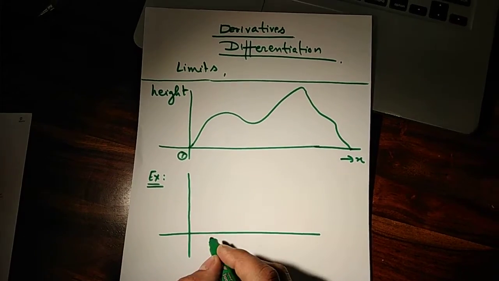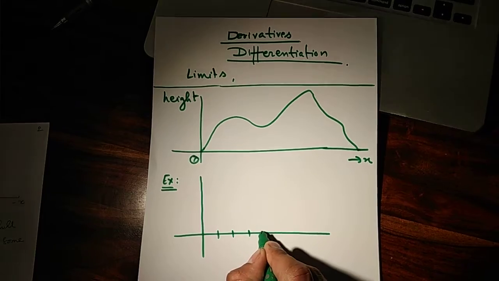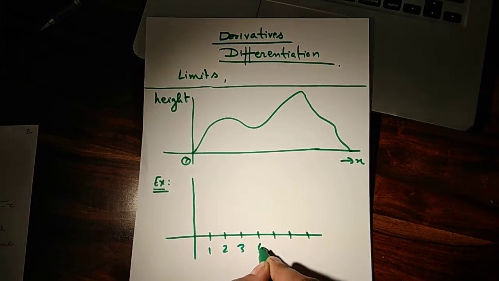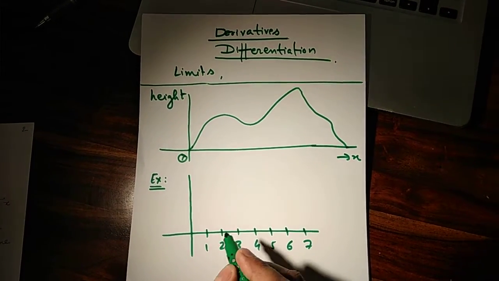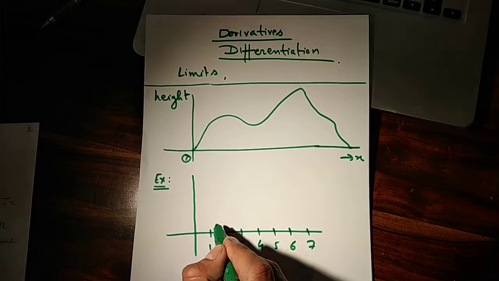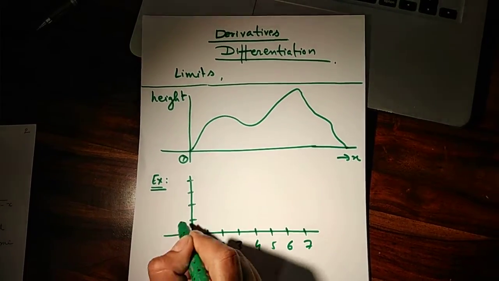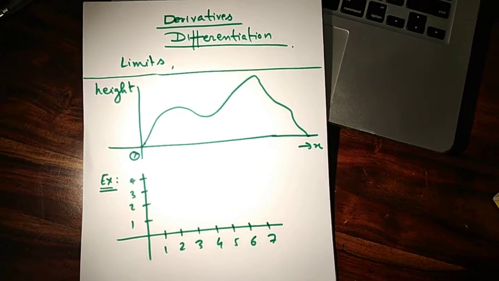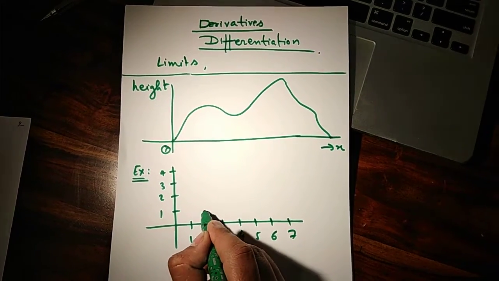Here it goes. I have 1, 2, 3, 4, 5, 6, 7 on the x-axis, and 1, 2, 3, 4 on the vertical axis. These may be kilometers or whatever you like. Let's say our hill looks like this.